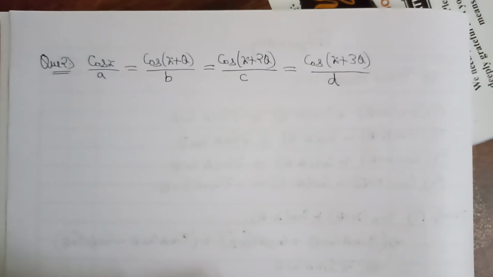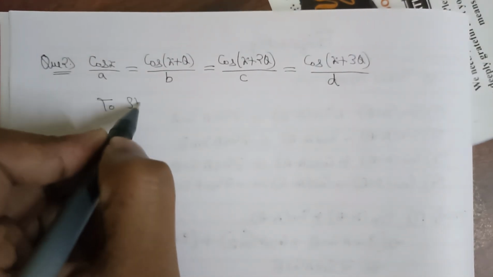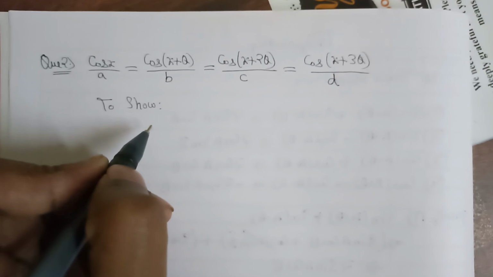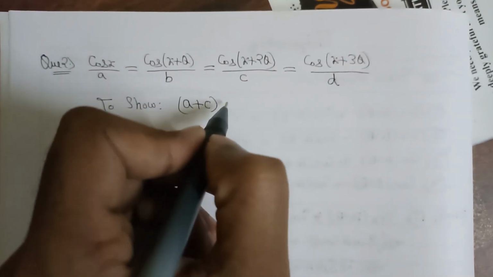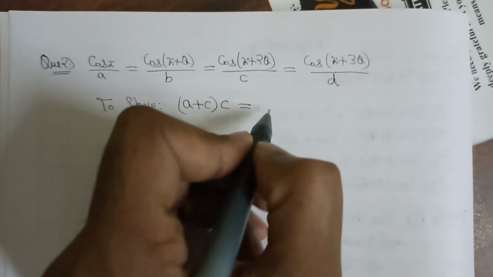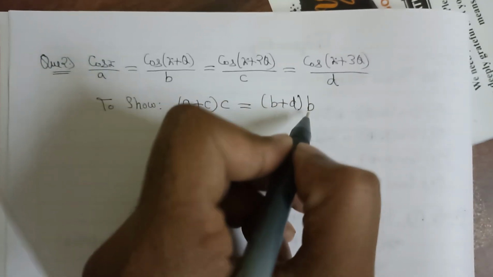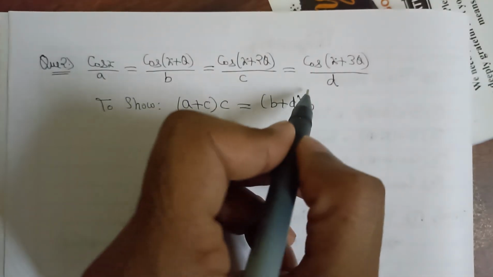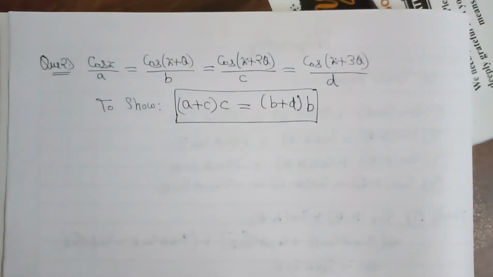Okay, this is given and you need to show what you need to show, (a plus c) into c is actually equal to (b plus d) into b. You need to show this. Okay, how you solve this or how you prove this?